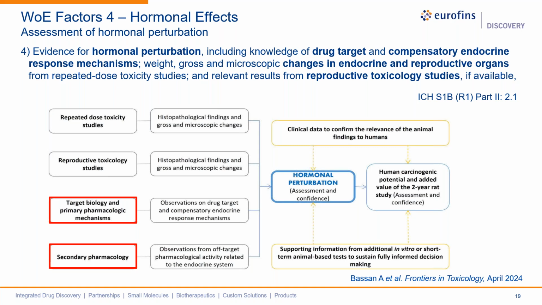This unexpected interaction can sometimes be more concerning than the primary mechanism. As we show in the central part of the slide, these data streams converge to inform the hormone assessment. Next slide, please.